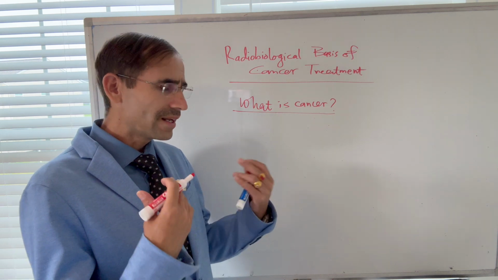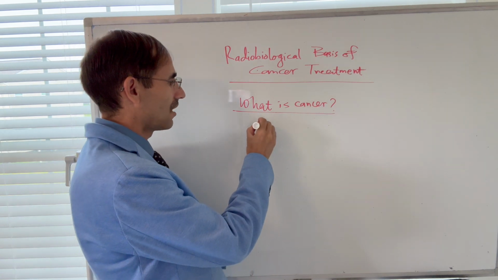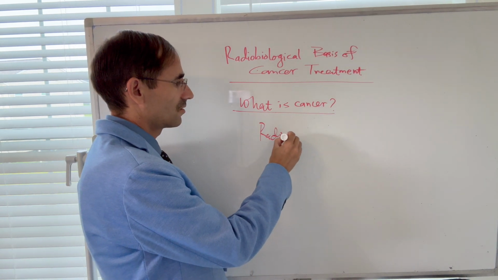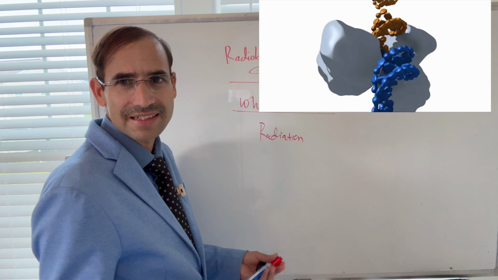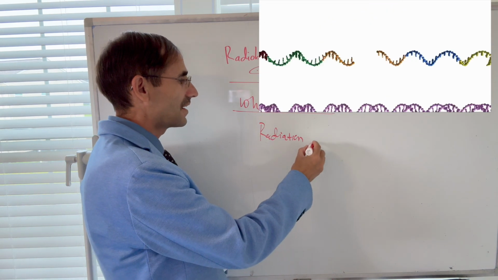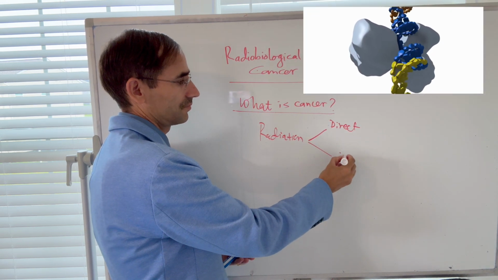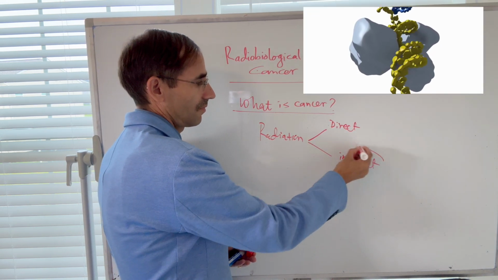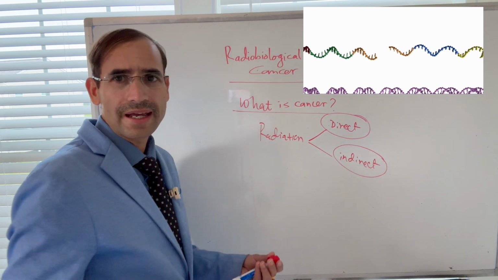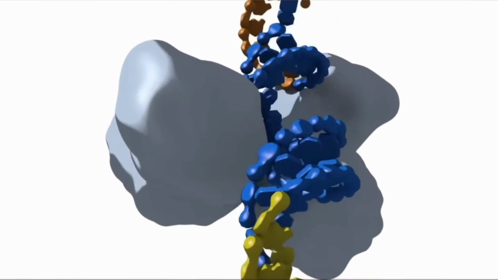When we use radiation, it affects our DNA, whether normal cell DNA or tumor cell DNA or cancer cell DNA, in a direct way or an indirect way. In the direct way, it breaks the double strand of the DNA.